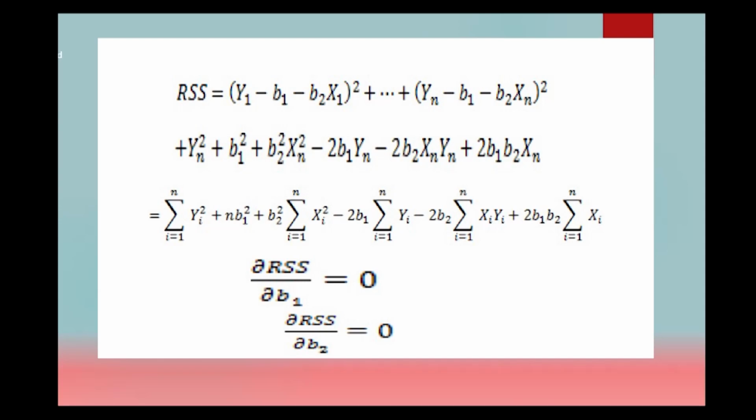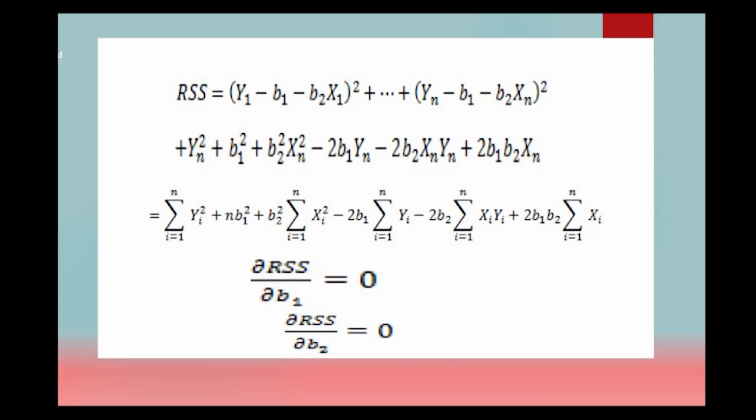On the basis of this, we take the differentiation with respect to b2 and b1, and we set the first order derivatives equal to 0. Because that is what we do in our first order condition of a normal minimization or maximization problem. So this is a minimization problem. We set the derivatives equal to 0 to get the normal equations as written in this case.